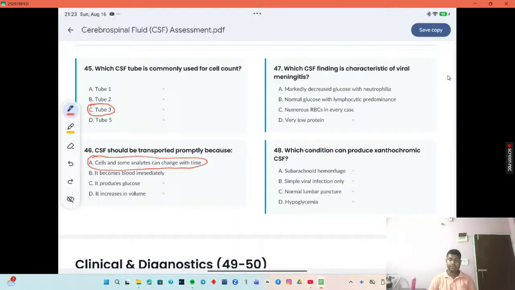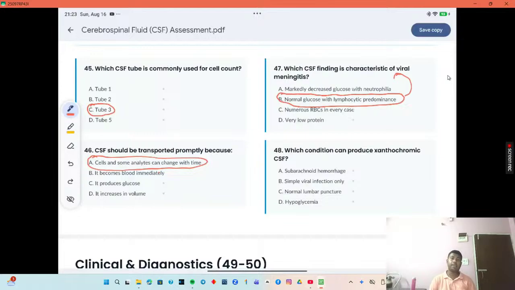Now the next question is: which CSF finding is characteristic of viral meningitis? The right answer will be normal glucose with lymphocytic predominance, because lymphocytes are a type of white blood cell which help us to fight viral infections.